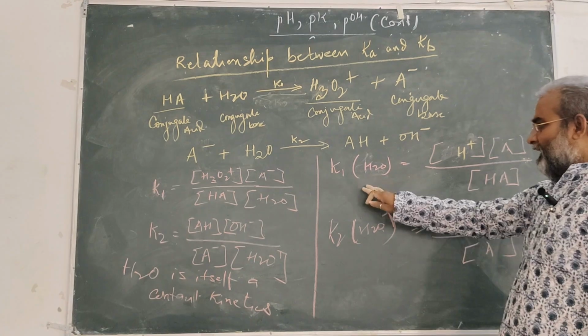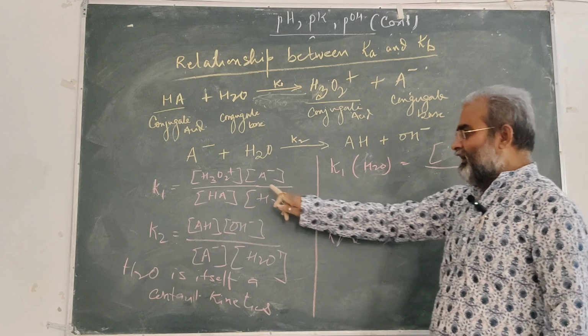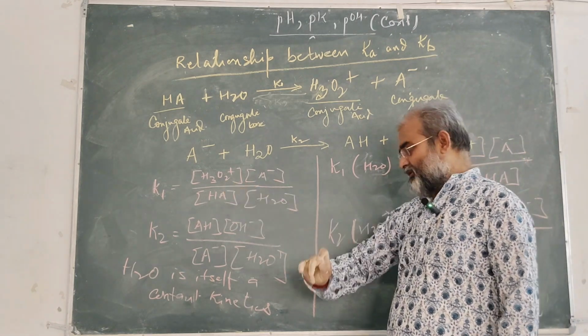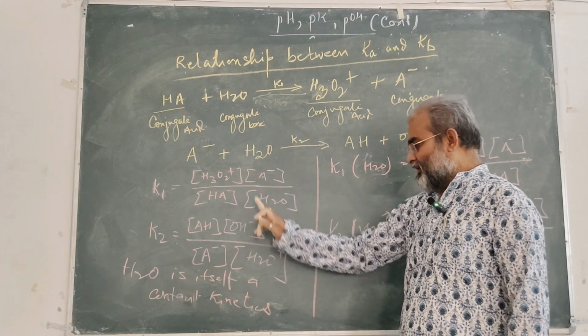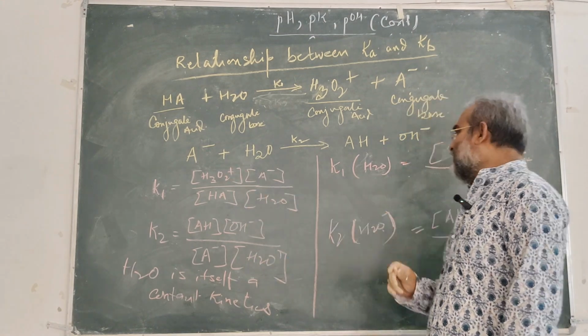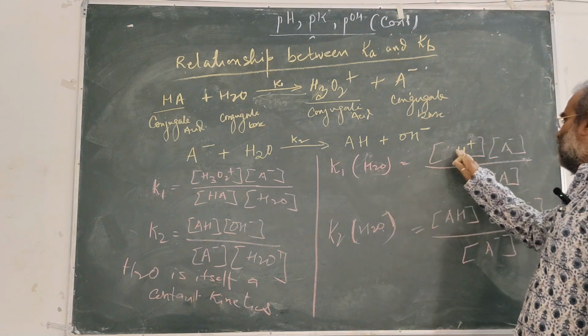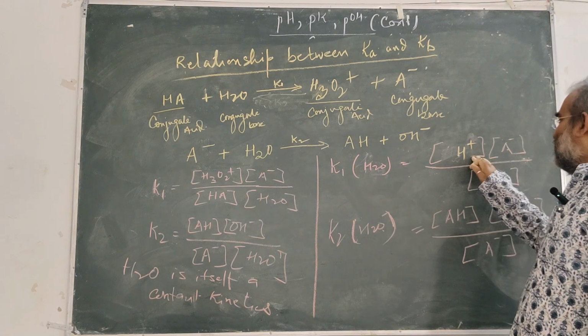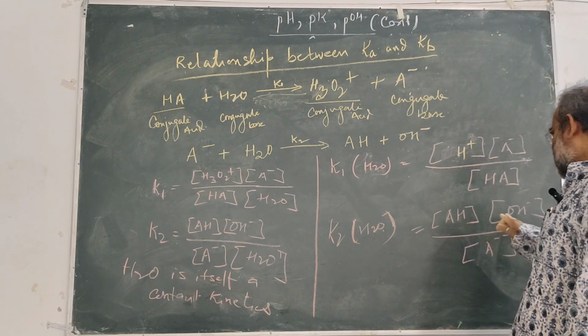यहाँ पे है क्या कि K1 and K2, H2O is neutralized. H को जैसे आप न्यूट्रलाइज करते हैं, here one H2O is neutralized and here one H2O is neutralized. ये दोनों न्यूट्रलाइज कर दिया and we get K1 H2O equals the molar value of H plus, A minus over HA, and AH OH minus.